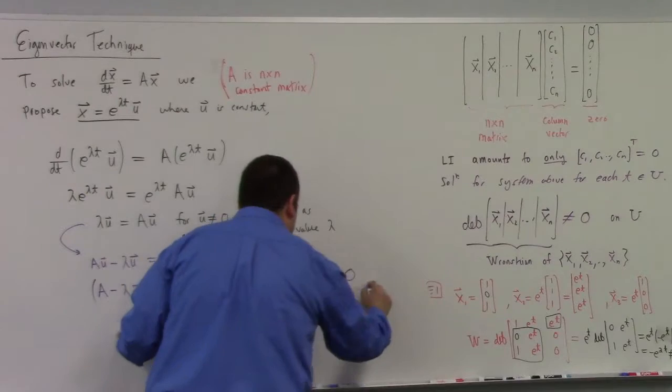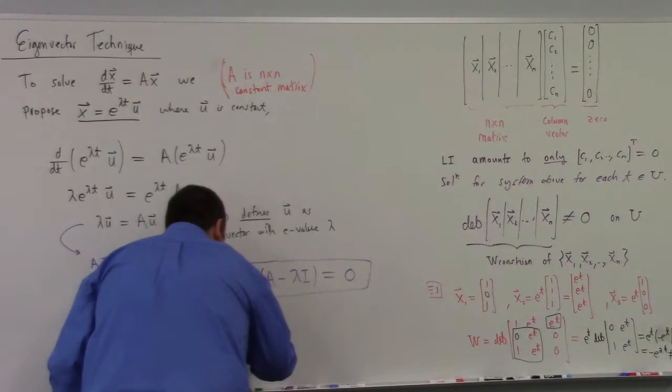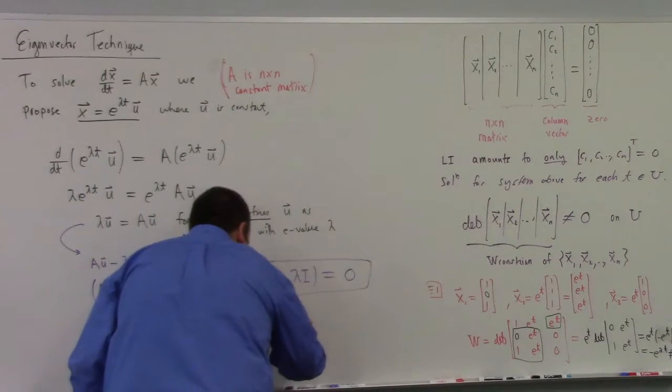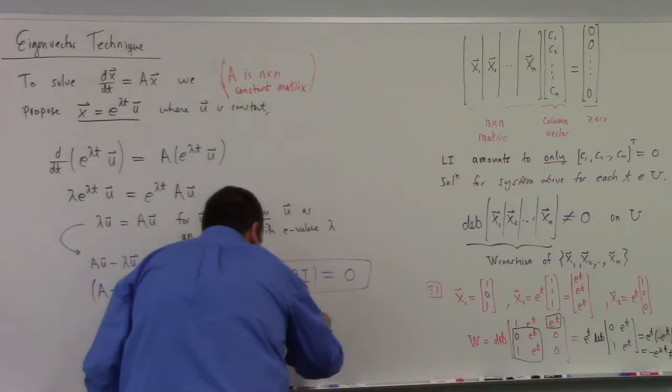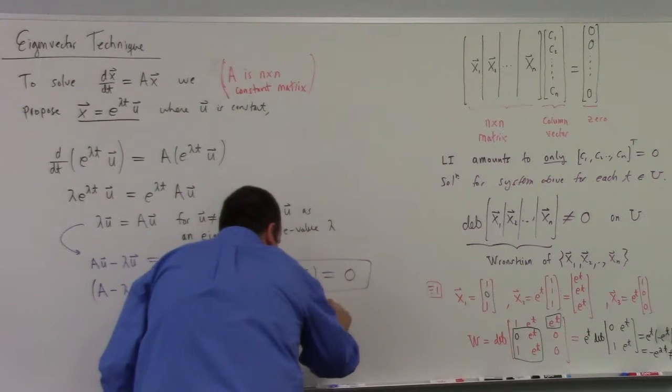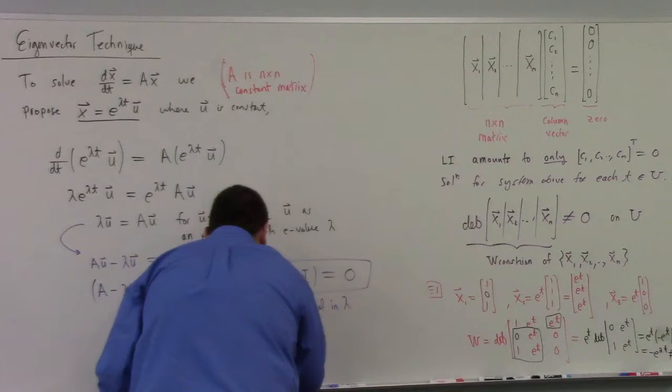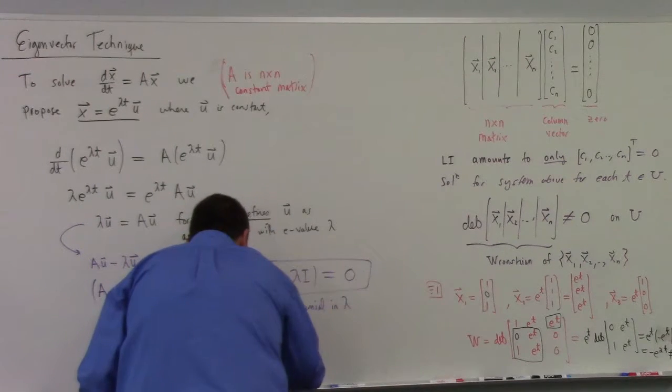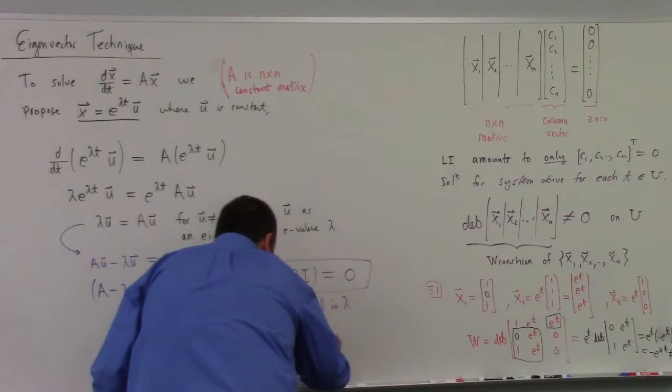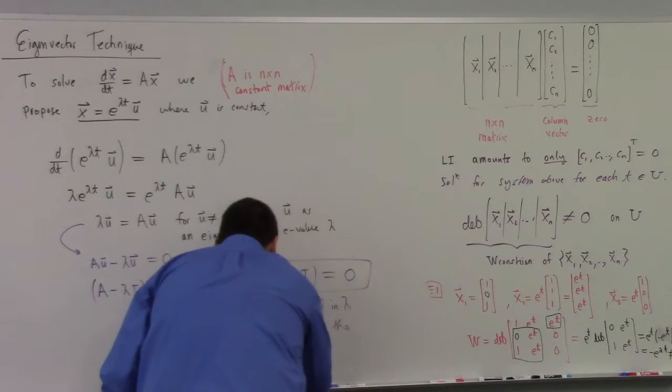This, right here, is an nth order polynomial equation. It's an nth order polynomial in lambda, whose solutions are the eigenvalues.